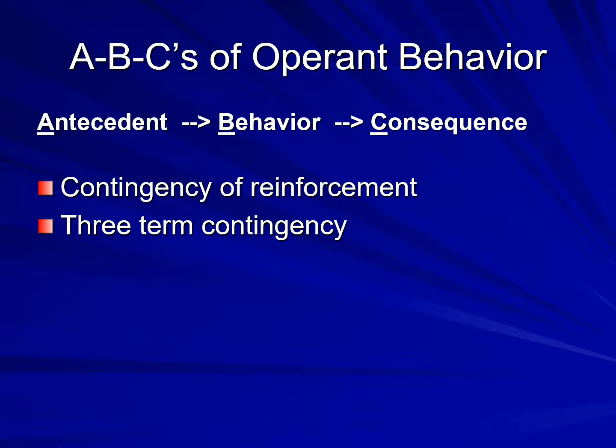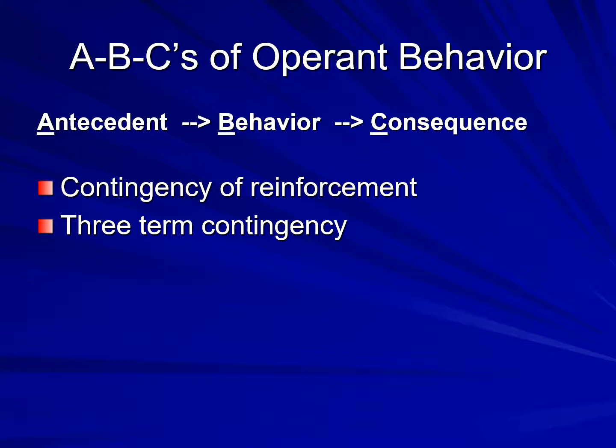So as we've talked about before, the three-term contingency, and now we usually talk about the four-term contingency because we put the motivating operation out in front. It's the antecedent, the behavior, and the consequence. Now, the antecedent in this instance is the SD, the discriminative stimulus. So what we typically think about or call antecedents are discriminative stimuli.